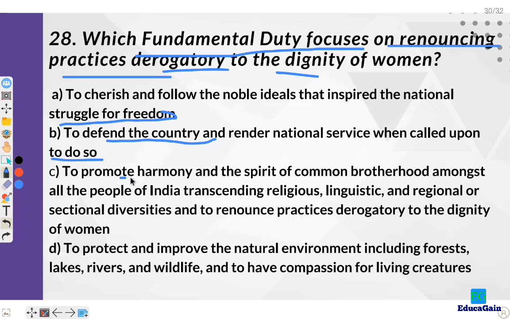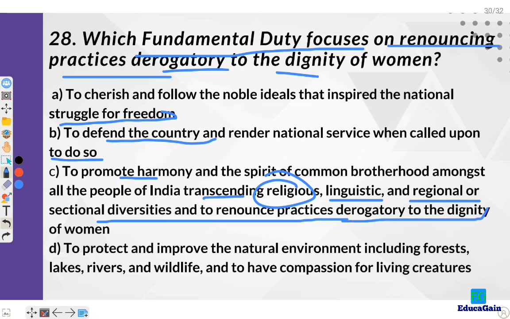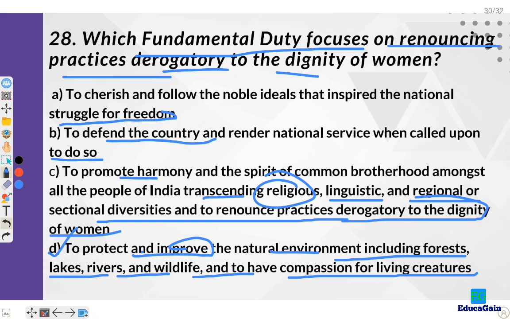C, to promote harmony and a spirit of common brotherhood amongst all the people of India, transcending religious, linguistic, and regional or sectional diversity, and to renounce practices derogatory to the dignity of women. D, to protect and improve the natural environment, including forests, lakes, rivers, wildlife, and have compassion for living creatures. The correct answer is C.